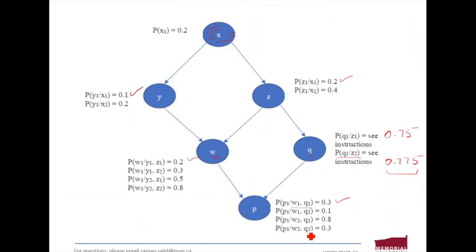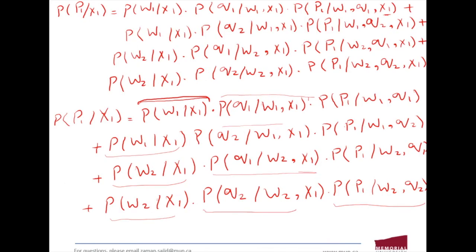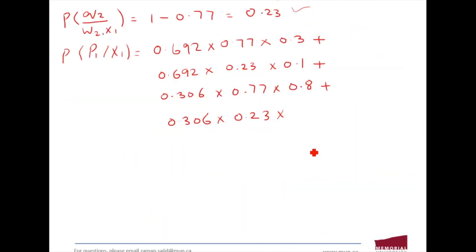So P1 given that W2 and Q2 is 0.3. Multiplied by 0.3. So once you solve this, you will get a value of 0.3853, or I can say that this is 39%, and this is your final answer.